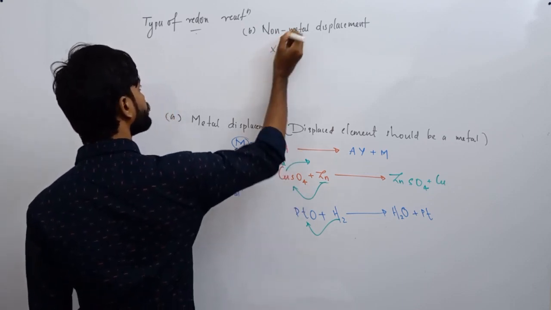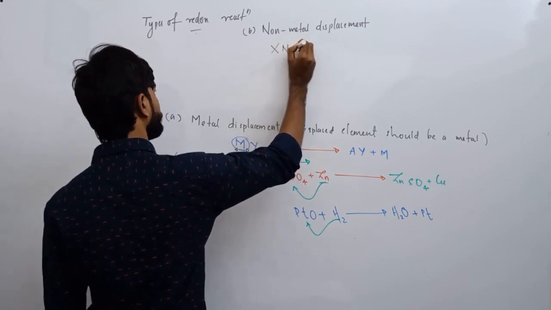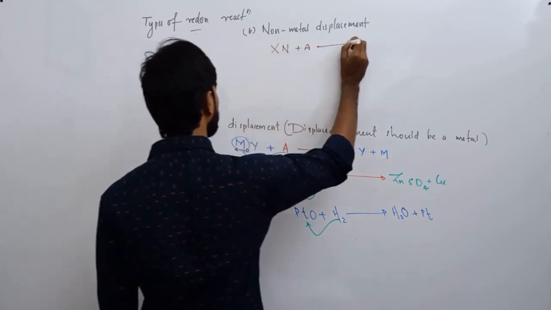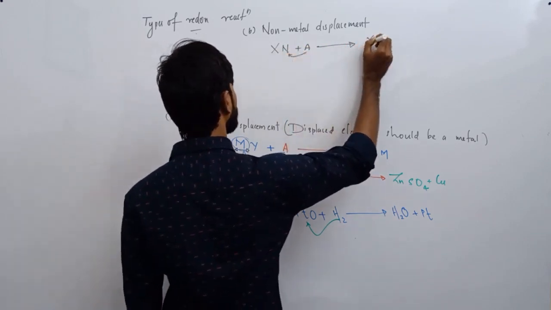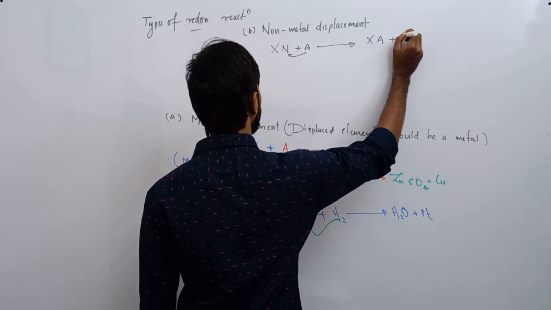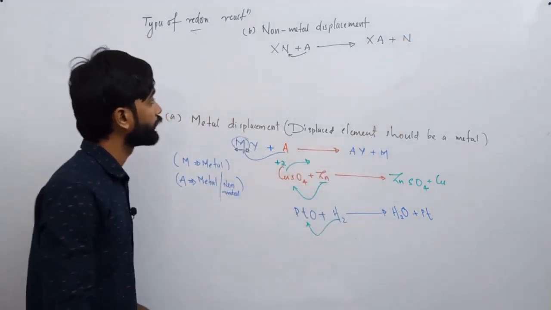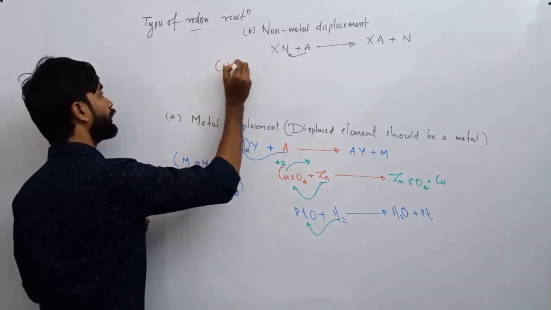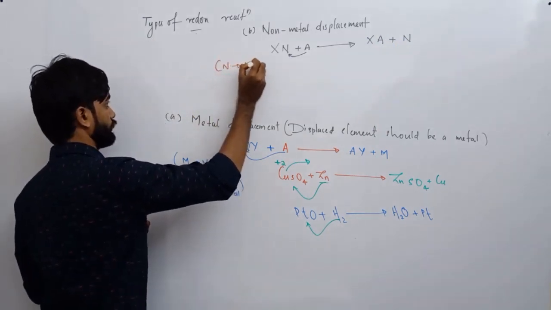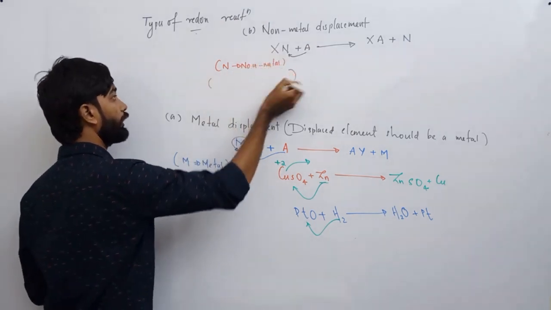Let me have a compound XN, and simply I'm adding A to that. If your A is able to displace the N, then what happens? It forms XA and N becomes free, right? Then what about the nature of N? N is a non-metal. What about A?